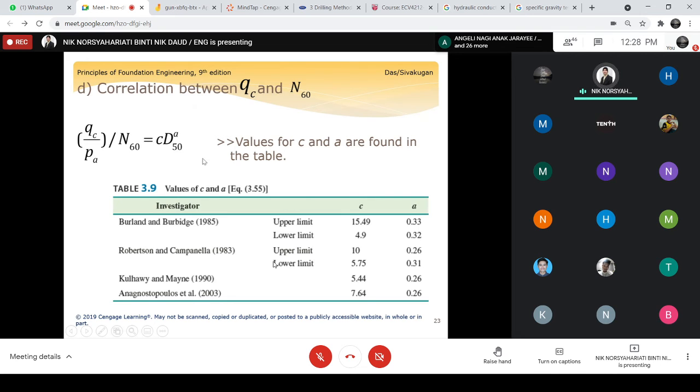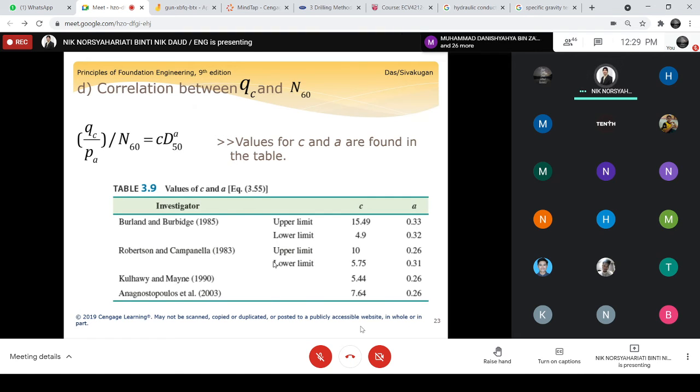Then the values for C and also A can be found in these related tables, based on the referred investigators or researchers. Those depend on how you use this CPT approach, either for upper limit or lower limit of the ground level. So you can use this one.